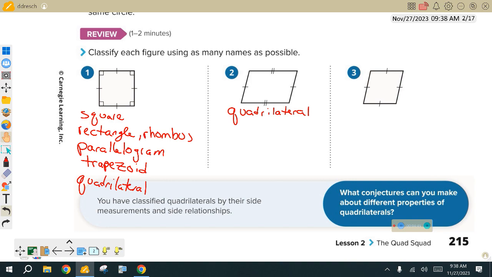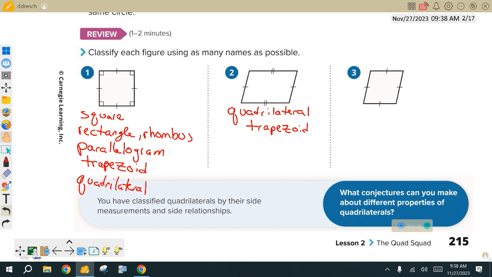Now, thinking again about what we just did, we've got an inverted family tree here. At the top is quadrilateral, but after that is going to be a trapezoid, which starts it off. Again, the reason we're starting with the trapezoid is the way it's defined: at least one pair of parallel sides.